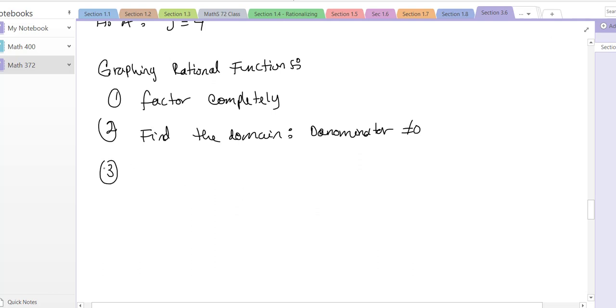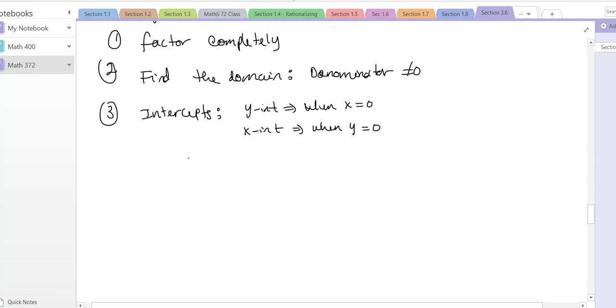The third thing is find your intercepts. How do you find the y-intercept? The y-intercept is when x is 0, so set x equal to 0 and solve for y. The x-intercept is when y is 0, so set y equal to 0 and solve for x. The fourth step is to find your vertical asymptotes, which you'll already have from the domain, from knowing that the denominator can't be 0, but do the test points.